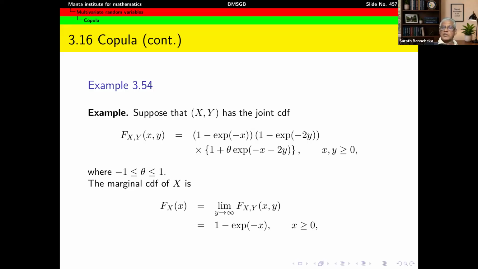These things are mathematically intensive, and therefore I'm not going to explain every line here. I'm just showing the example and giving you the idea. So let's consider a pair of random variables X and Y, and suppose it has this particular joint density function and joint cumulative distribution function, this capital F.